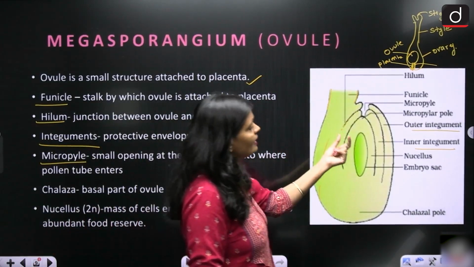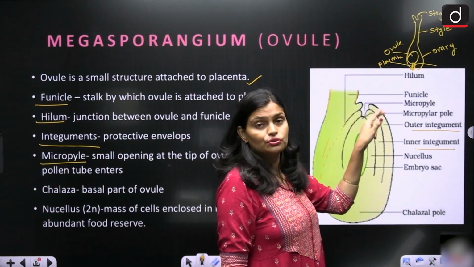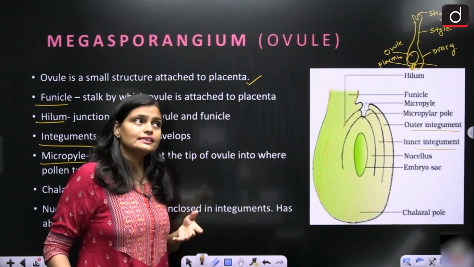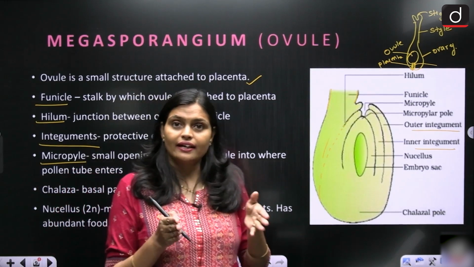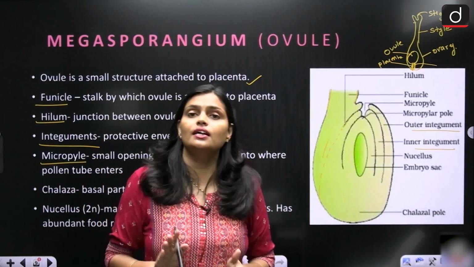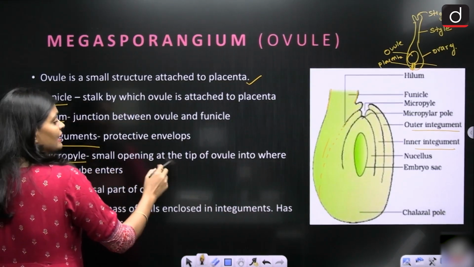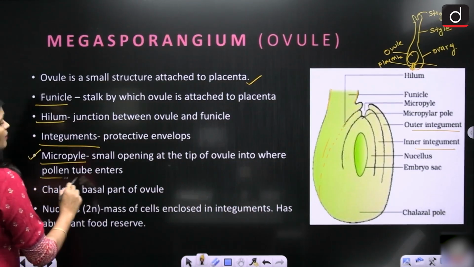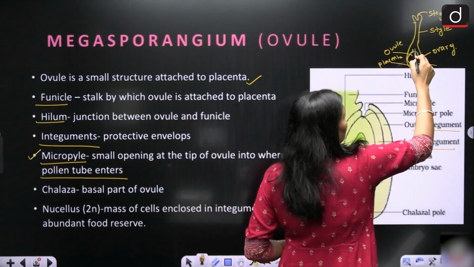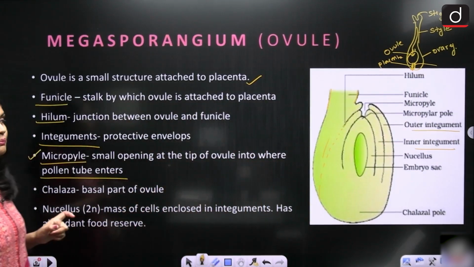Micropyle is the opening through which the pollen tube enters the ovule. तो ऐसे समझिए कि micropyle एक गेट है जिसके through pollen tube enters within the ovule. So micropyle is the small opening at the tip of ovule where pollen tube enters. तो ovule का यहाँ पे एक tip होता है, through which the pollen tube enters. That opening is called micropyle.